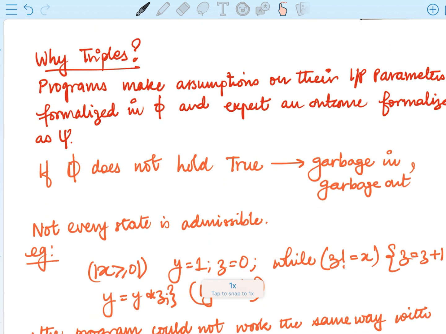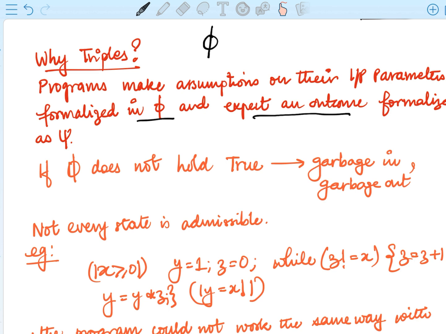Now, after understanding this, we also need to understand why we are talking about triples. Programs make some assumptions on their input parameters and formalize them in phi. I've already said that for input parameters, you have to make some assumption to get to the expected outcome. Whatever assumption you make, you represent by phi.